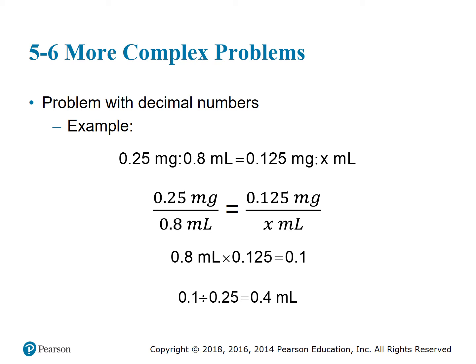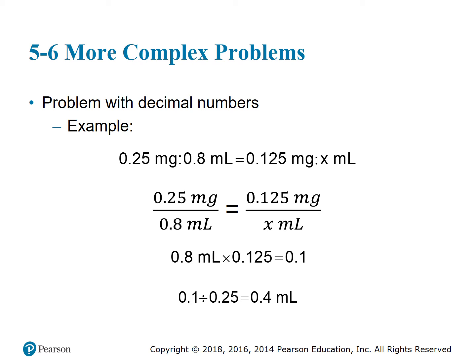So let's look at an example. So here we have 0.25 milligrams per 0.8 milliliters equals 0.125 milligrams per X amount of milliliters.